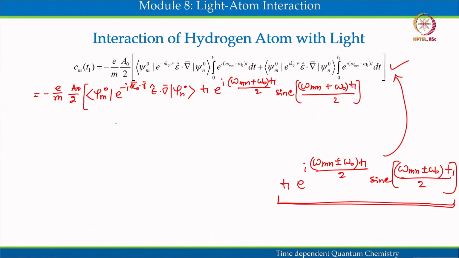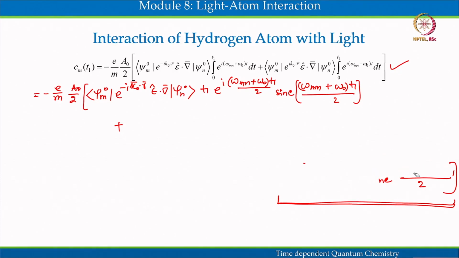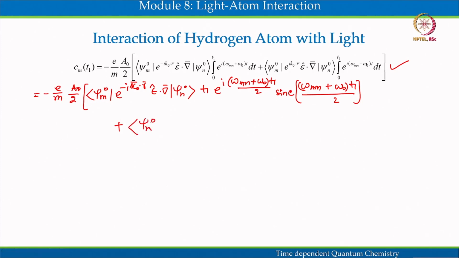Then I have another term, and when writing the other term, this is plus then this spatial integration e to the power i k naught dot r epsilon psi n 0.